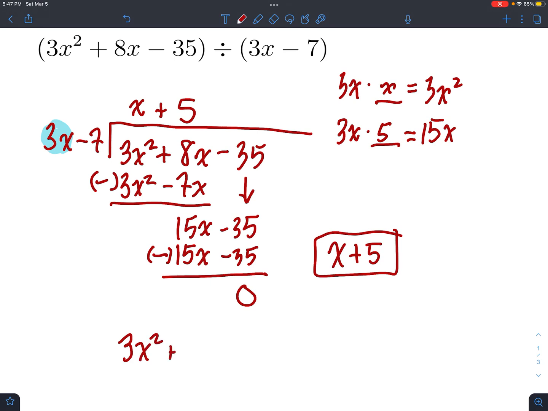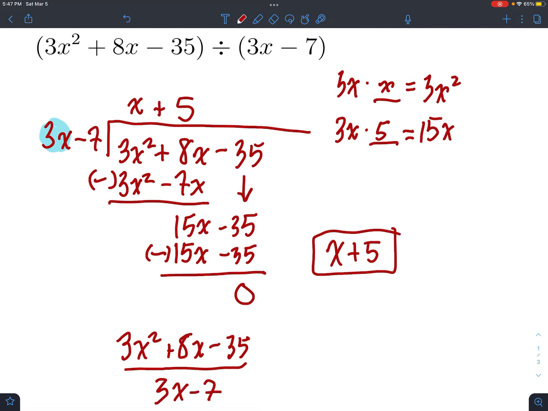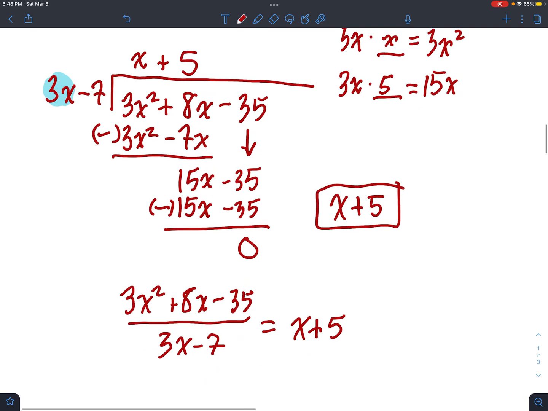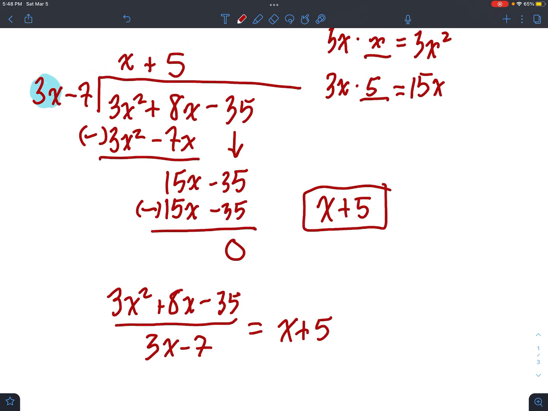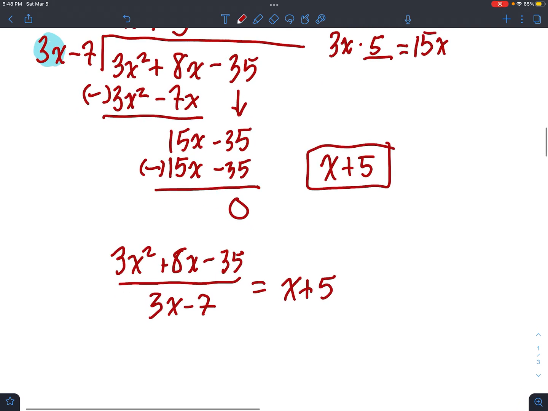So if I want to write it all out in a sentence, it's this. Okay. And you might be asking, like, why is this even useful? Why are we dividing? How does this even tell us anything about what we've been doing?